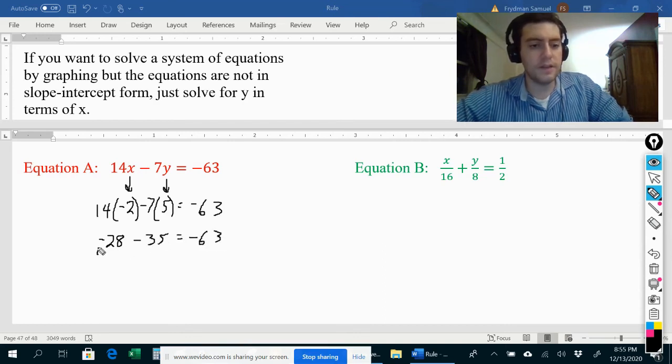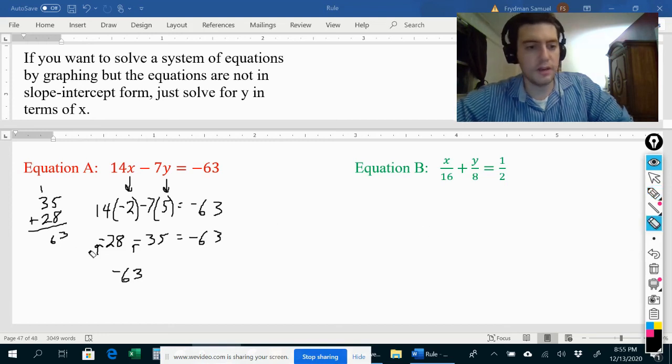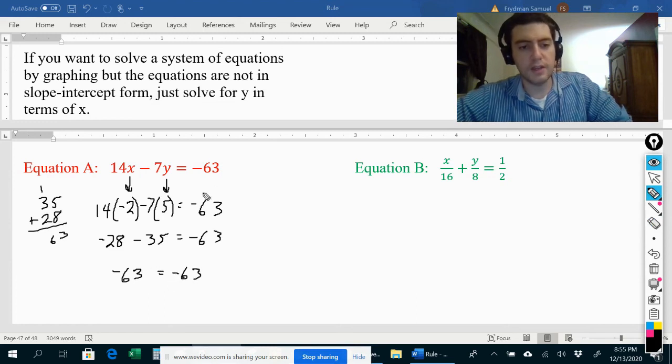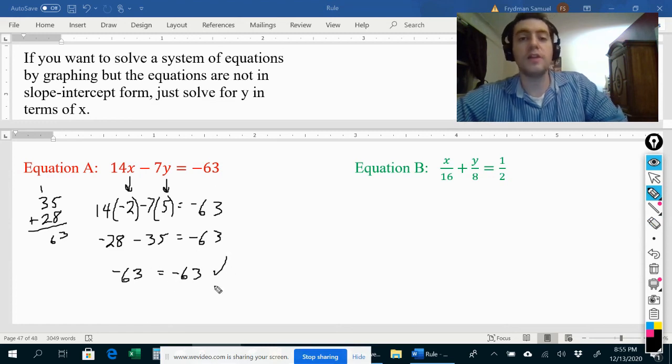Okay, and then I like to say if these symbols are the same, then the rule is we will add and keep the symbol. So I get 63, but I'm going to keep the symbol, so -63. Okay, -28 minus 35 is -63. So that's good. I got -63 on the left, and we had -63 on the right, so that works.